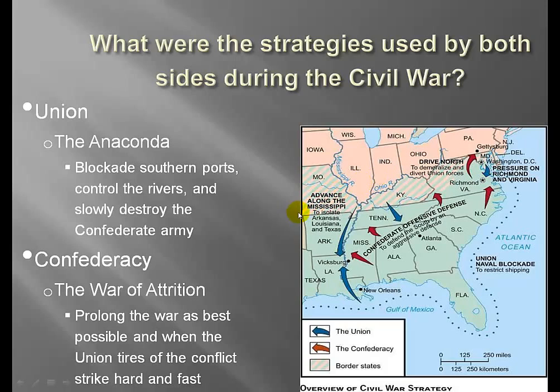And also, the vast majority of the battles occurred in the South, so the Confederate troops were fighting on their home turf. And definitely, when you start fighting in your home state, you're going to put up a much more defiant struggle. And this definitely occurred.